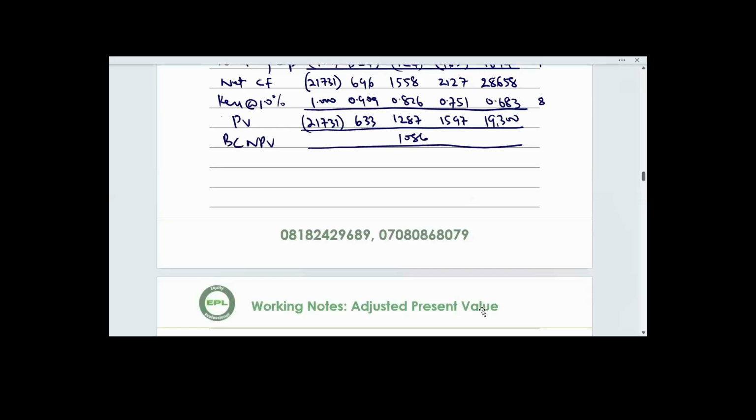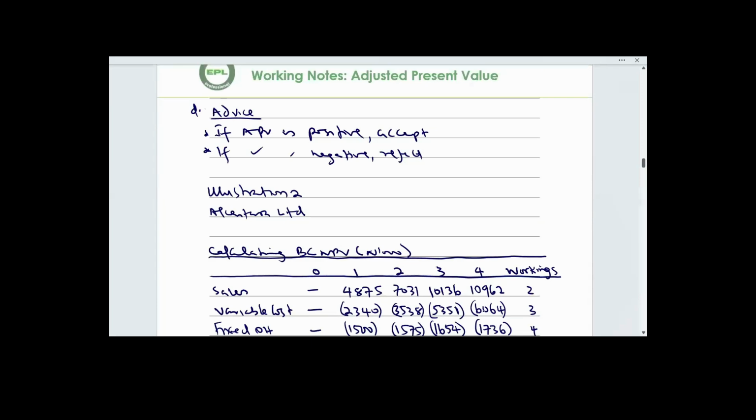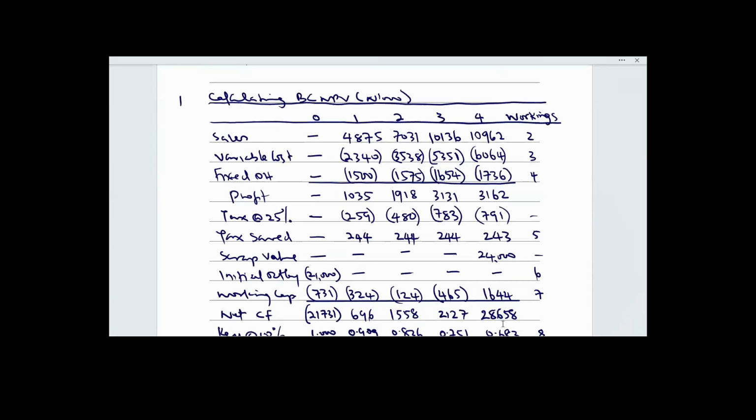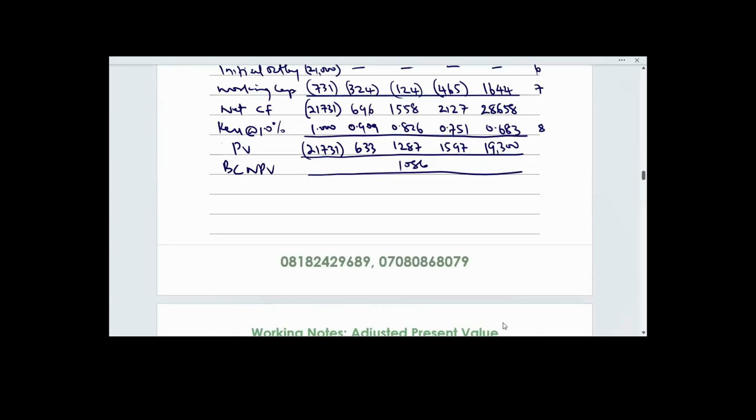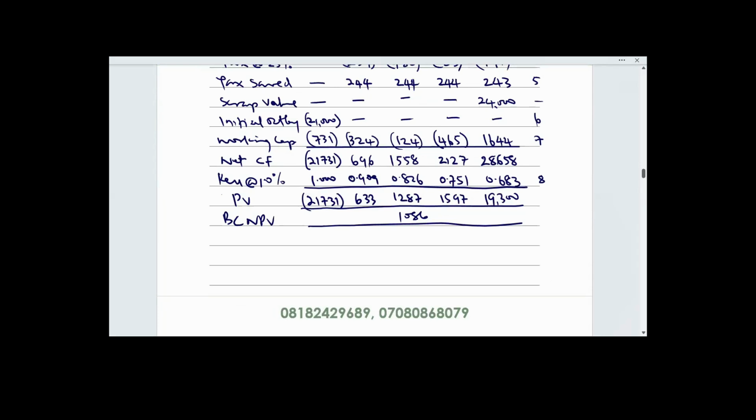So what did I call this one? So let's say this is step one. You said the correct figure ought to have been what? 1,060? 1,060, yes, 1,060.